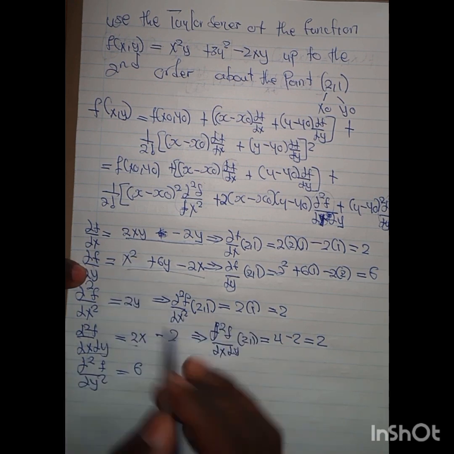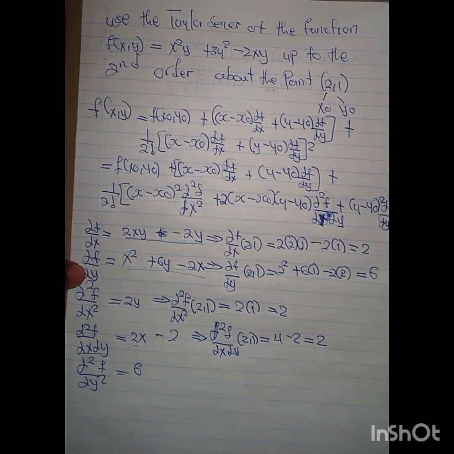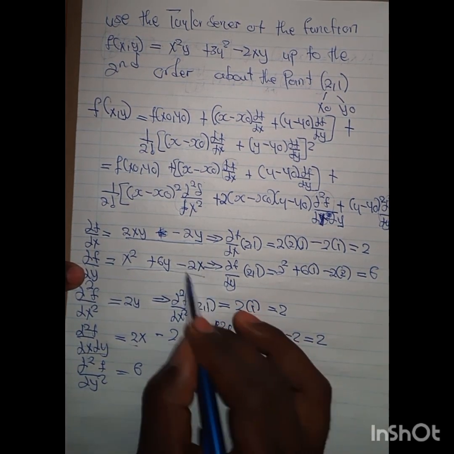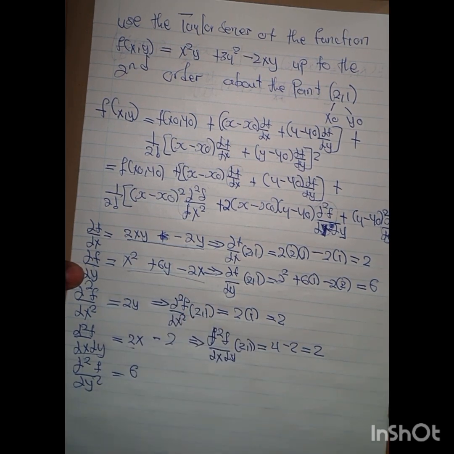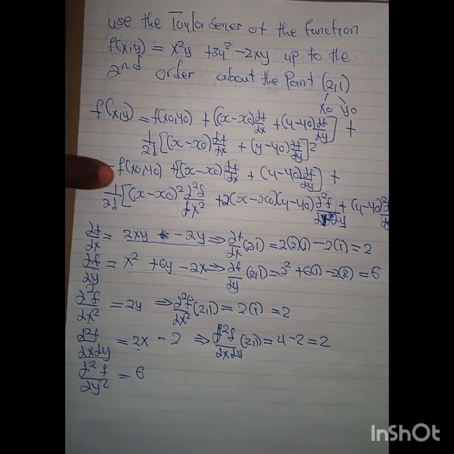Then we get 6, because when we differentiate with respect to y, this part doesn't contain the variable y, so it directly gives us a 0. Also this one will give us a 0. Then we differentiate 6y, we get 6.